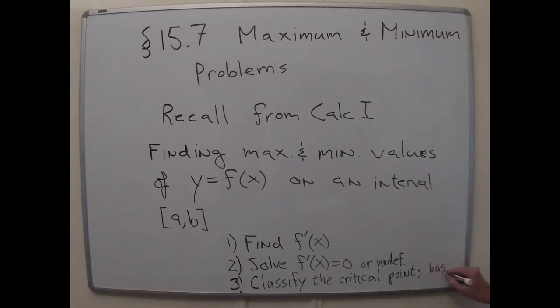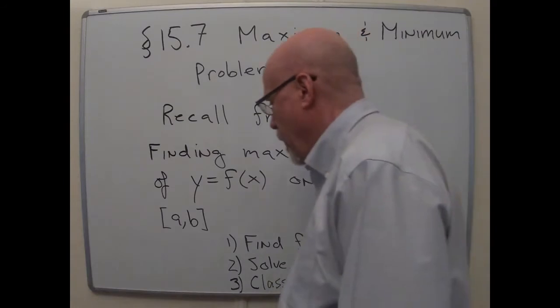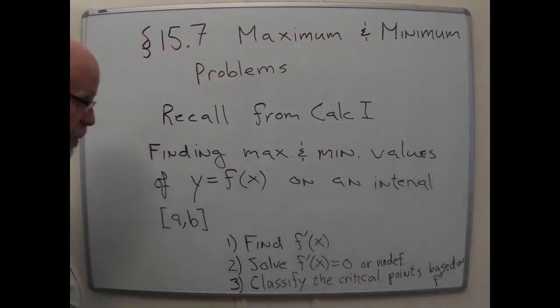Based on f double prime. I'm just going to squeeze it in there anyway, f prime prime. So then what else do you do? You also check the endpoints of this interval. All right, so I've poorly planned the board space.